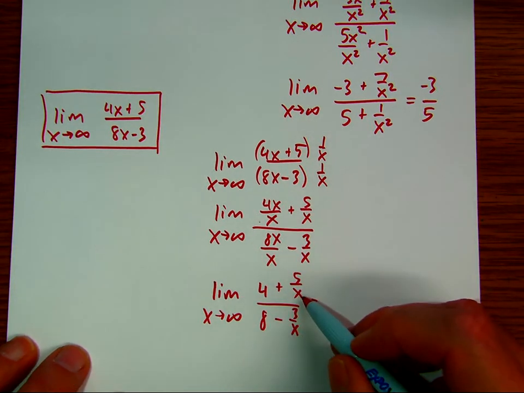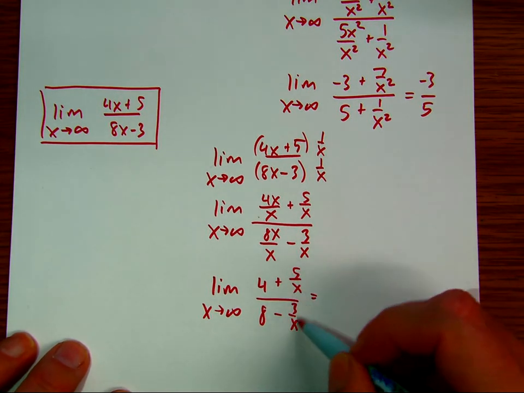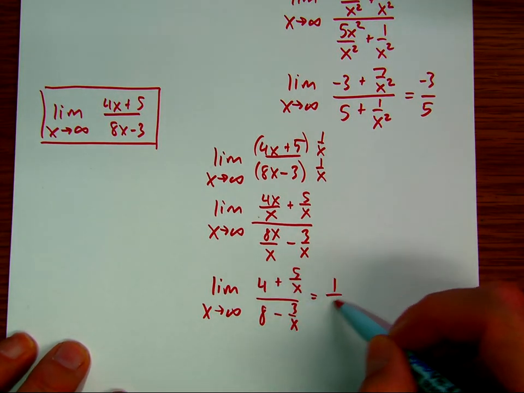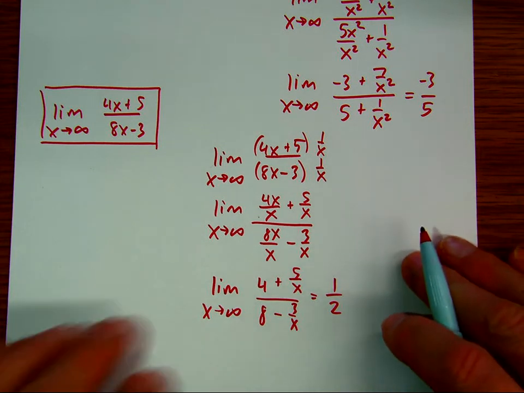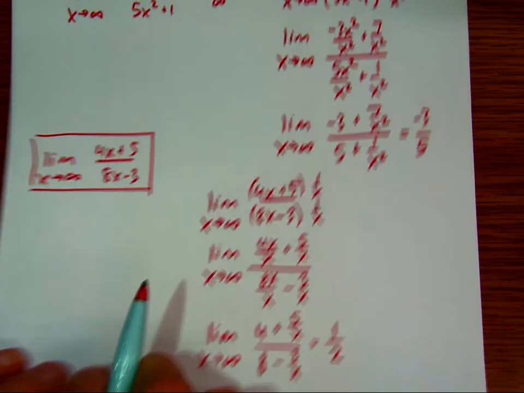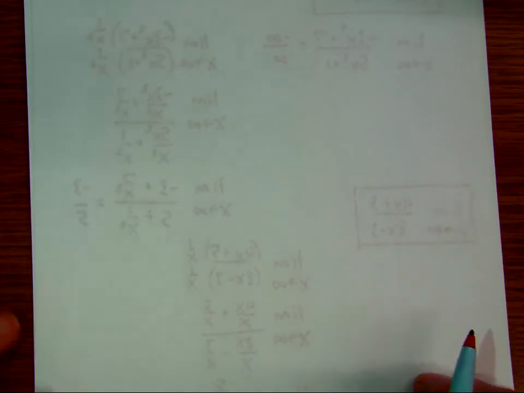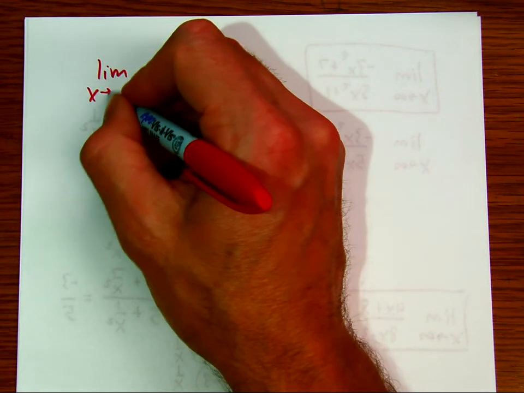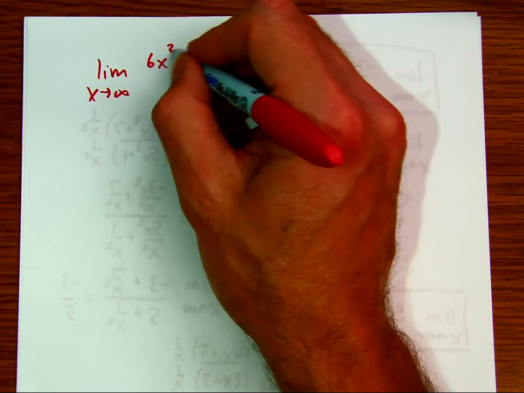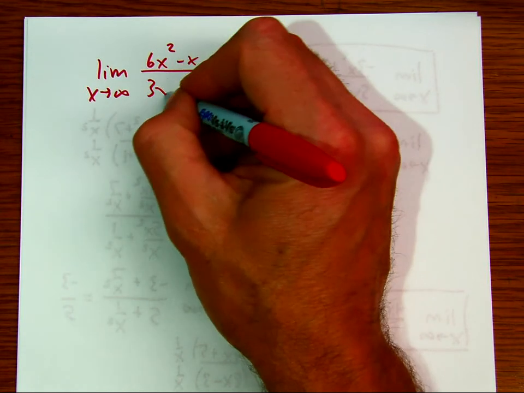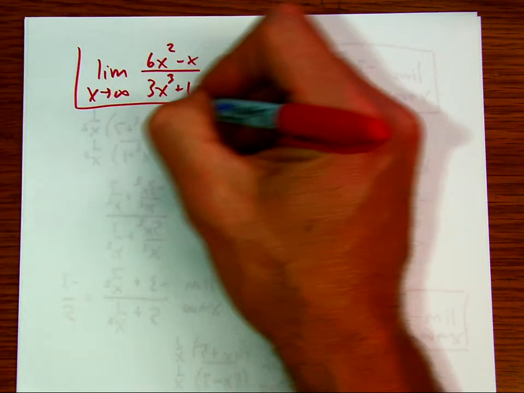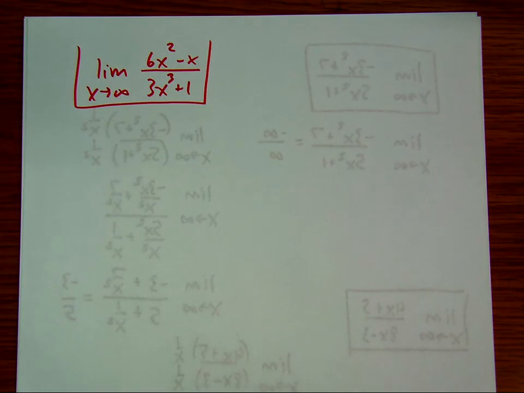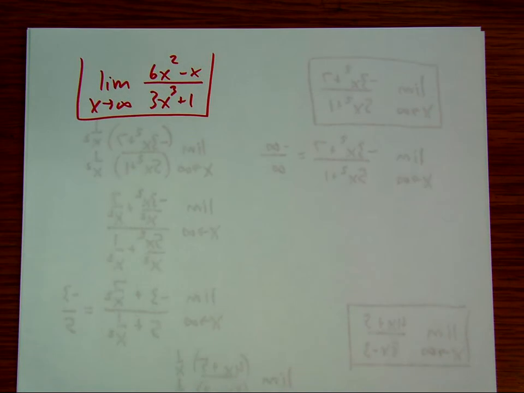As x goes to infinity, this goes to 0, so we get 4 over 8, or 1 over 2. Okay, pause the video and try that one.